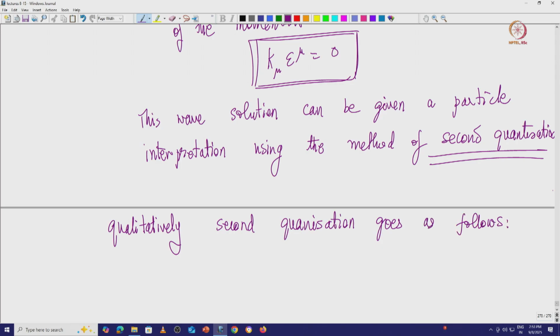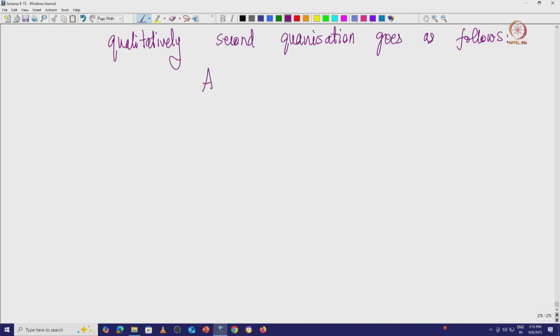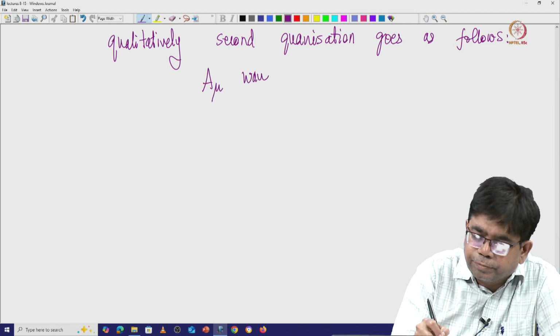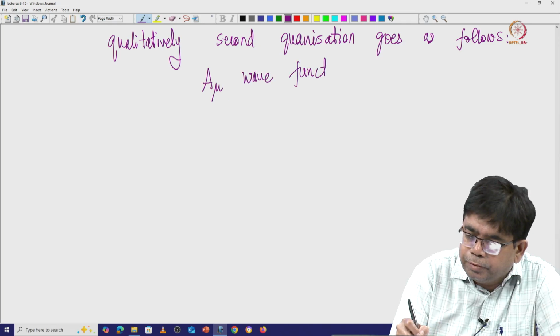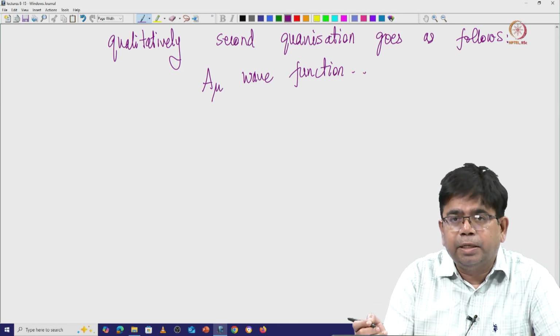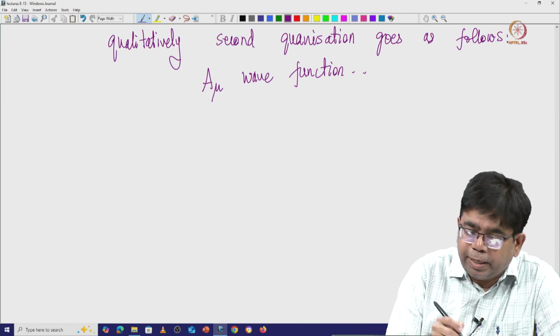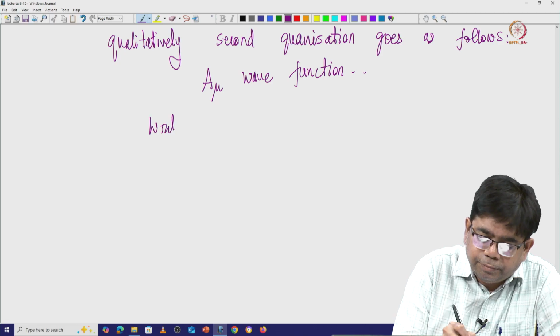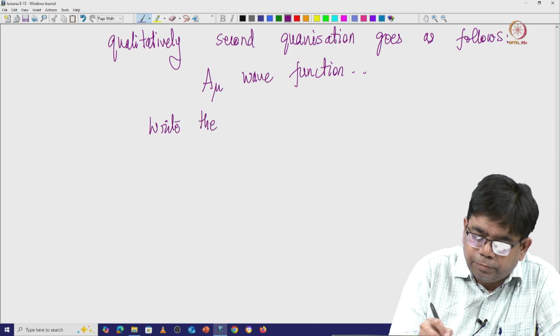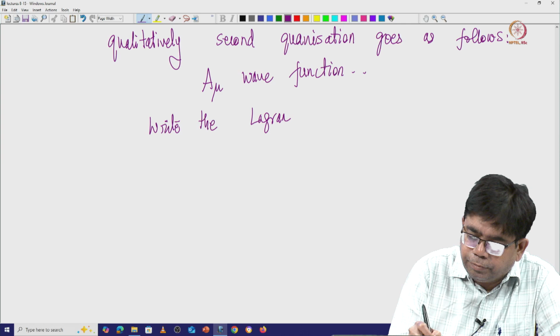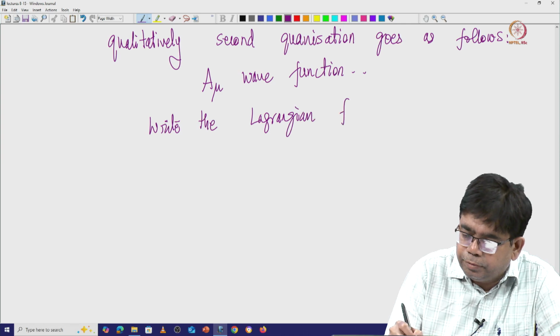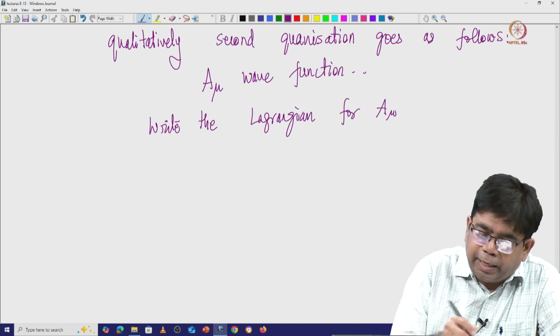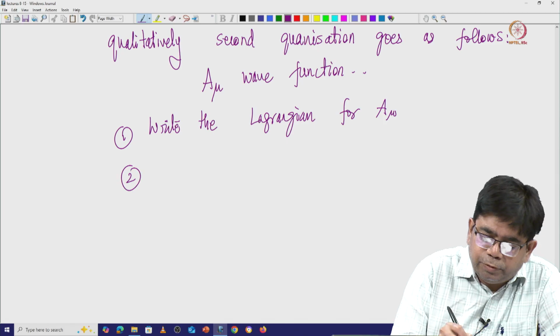Okay. So, take the solution A mu, the A mu wave function. Now, you write the Lagrangian for the A mu, and the second thing is you have to choose a gauge.